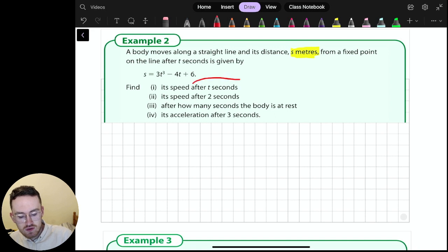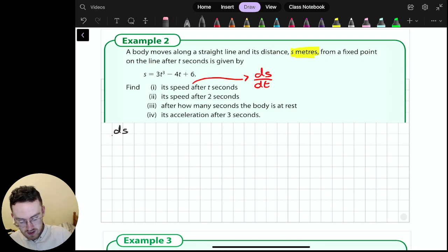What we should remember from those notes I had earlier, and if not, maybe scroll back up or look at your own notes, is that speed is the rate of change of the distance with respect to time. It's the first derivative, so we're going to find ds/dt for this first part.